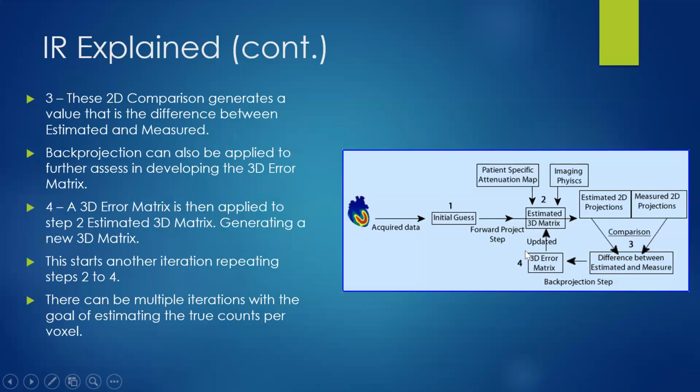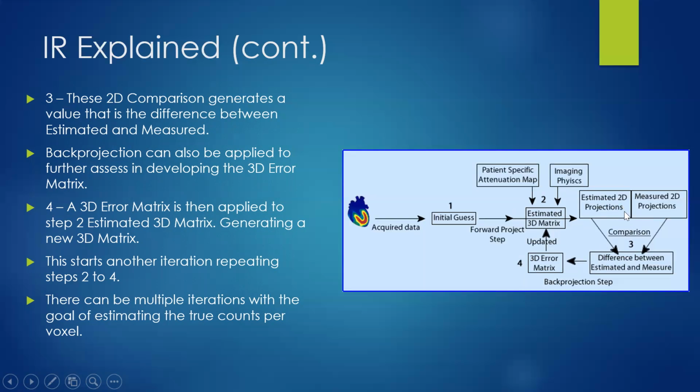And in the differential, it comes up with a 3D estimated error matrix. That error matrix is then applied to the prior estimated 3D matrix. So it's either going to subtract or add counts pixel by pixel, voxel by voxel, creating a new 3D estimated image.